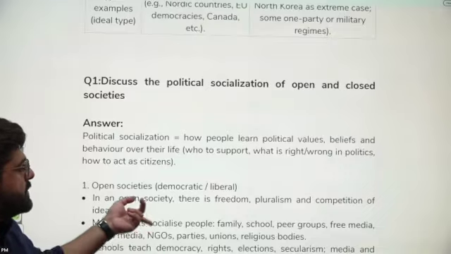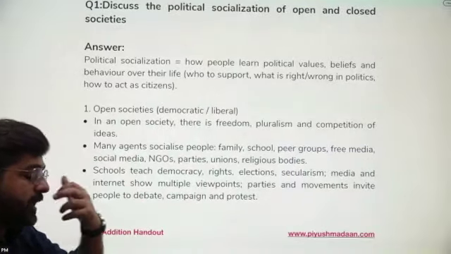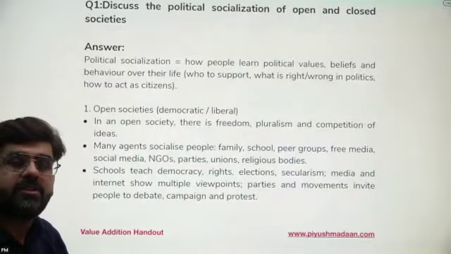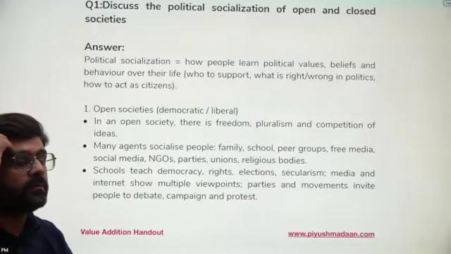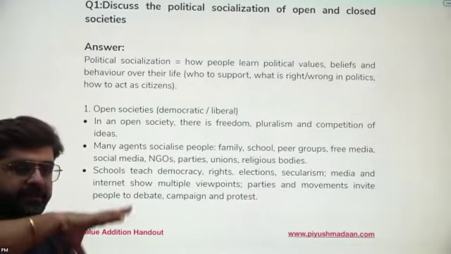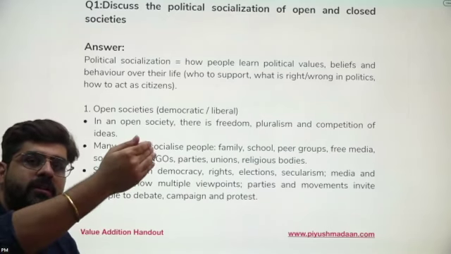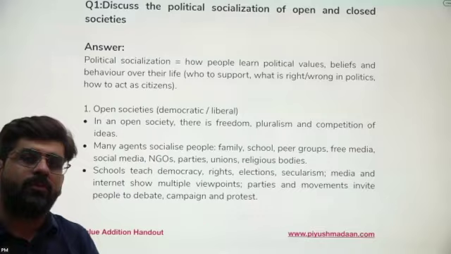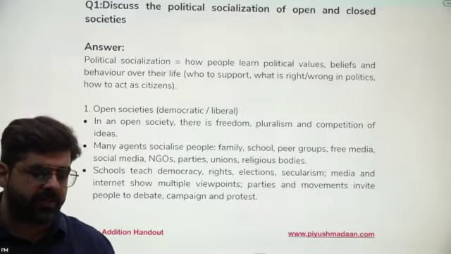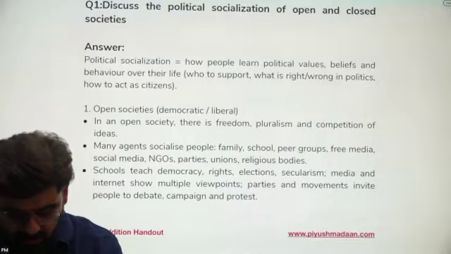Now I hope you can discuss this, because what you have to do is write the basic features of open society, and then relate how these features lead to the creation of a certain viewpoint in the individuals. Can I say open societies, because of their features, will lead to the creation of a participant political culture?